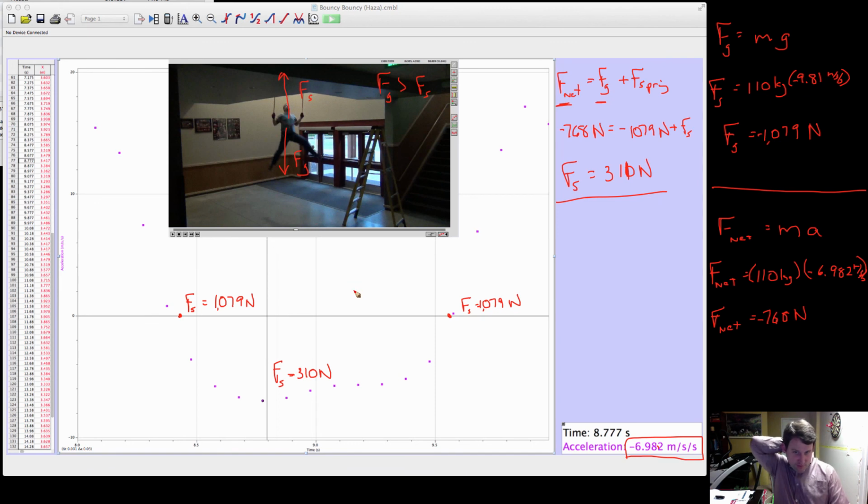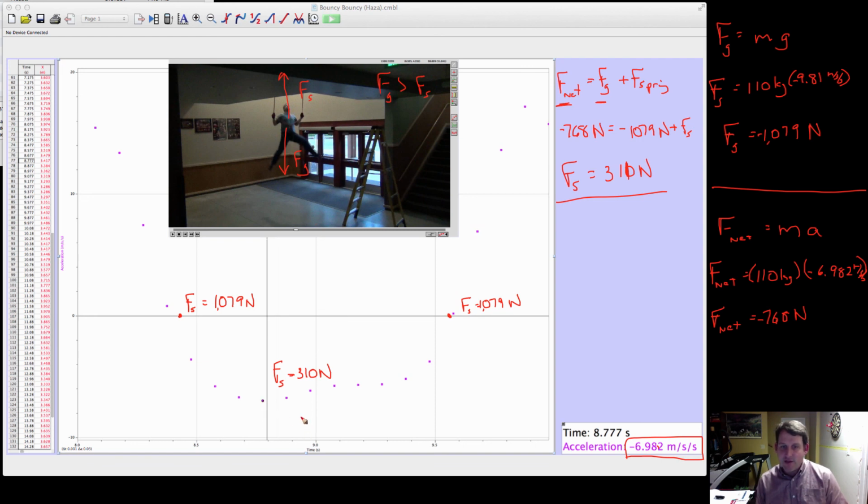There's a few other things to note here. One is that my positive acceleration could exceed 9.81, the magnitude of gravity, because the spring and I are pushing together, so you can get this much larger push. And then down here, I can't get more than negative 9.81.